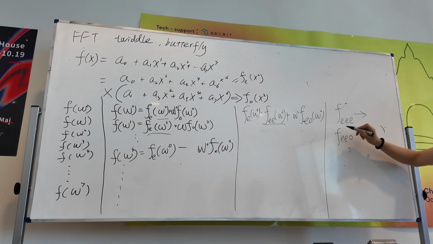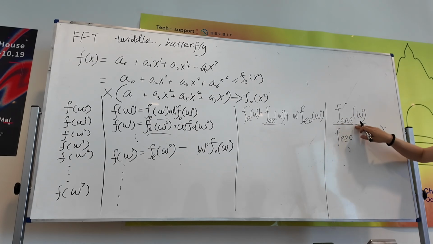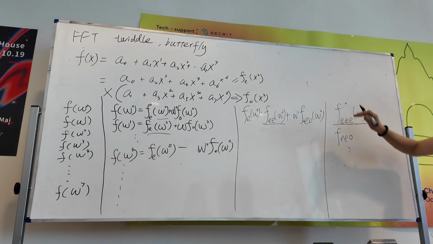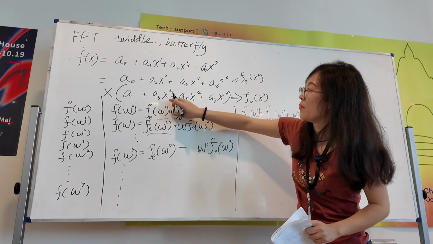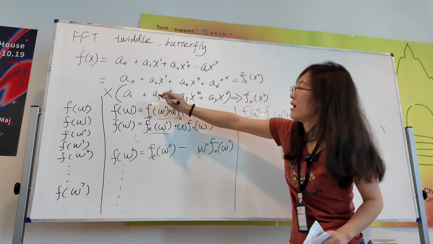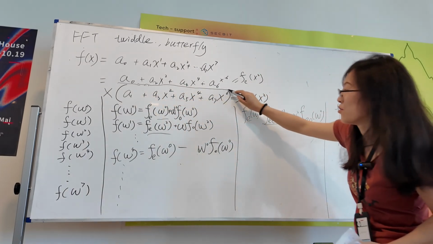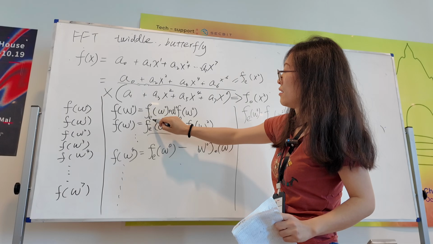And this one, what is this function actually? This function means we split the coefficients 3 times. The first one we split from 8 to 4, and these 4 coefficients are here.